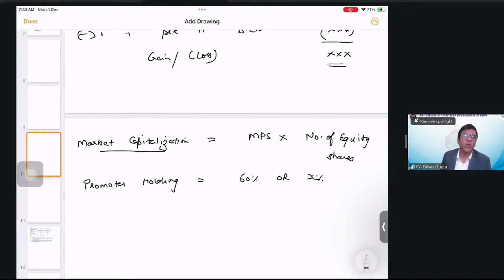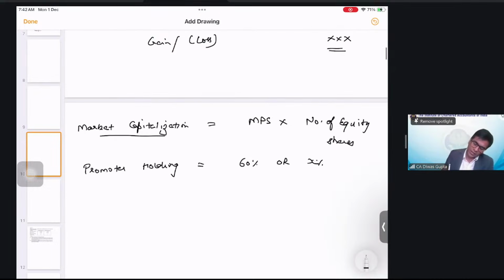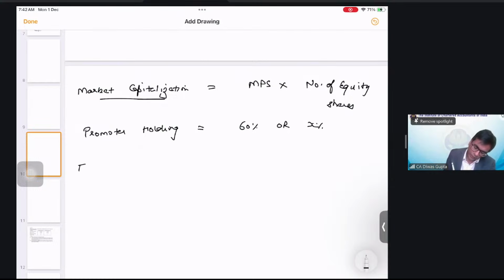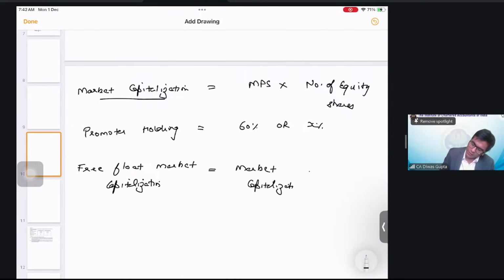That means promoter is holding these much of shares. And if the question tells you about the free float market capitalization, this is actually determined how? Through regular market capitalization multiplied by 1 minus X percentage.